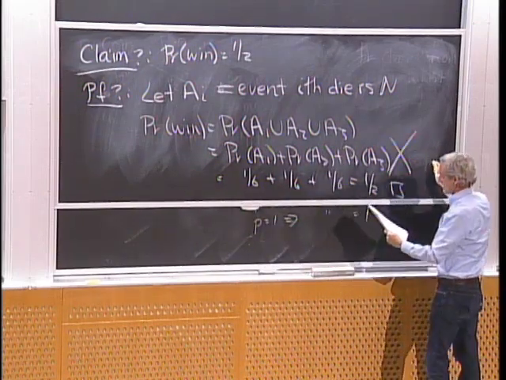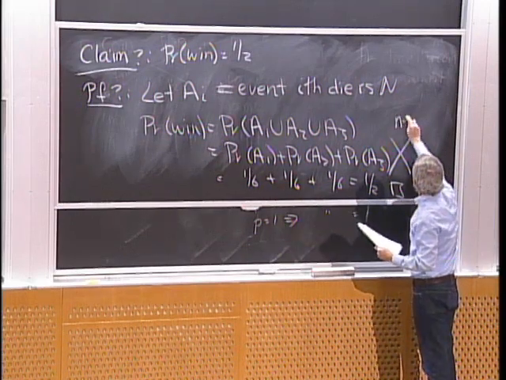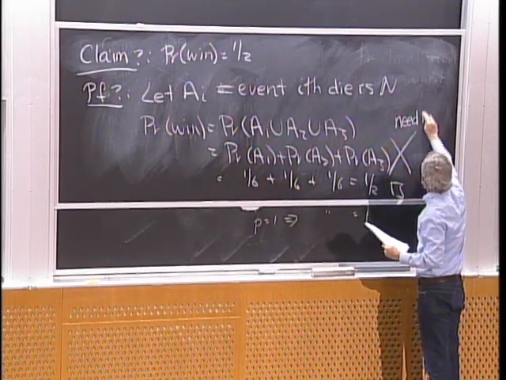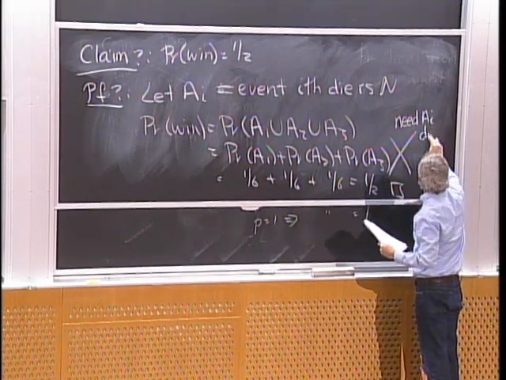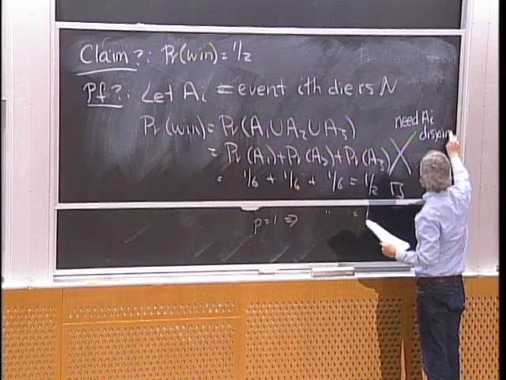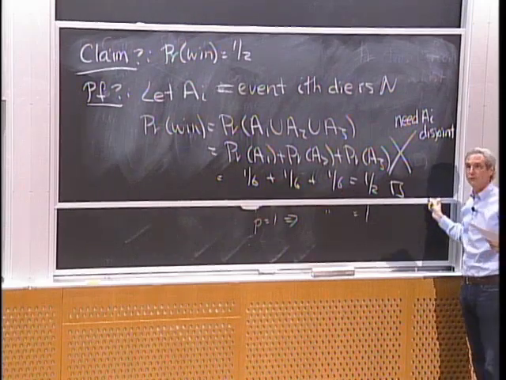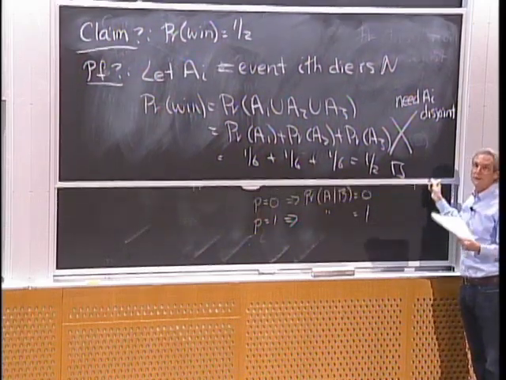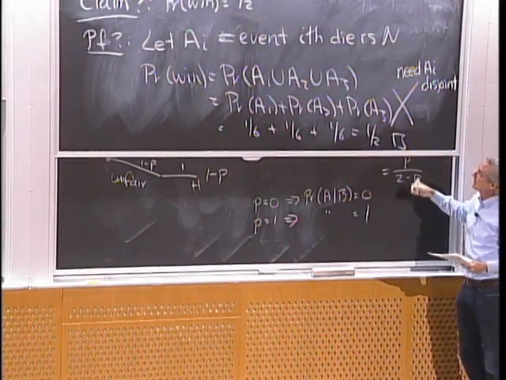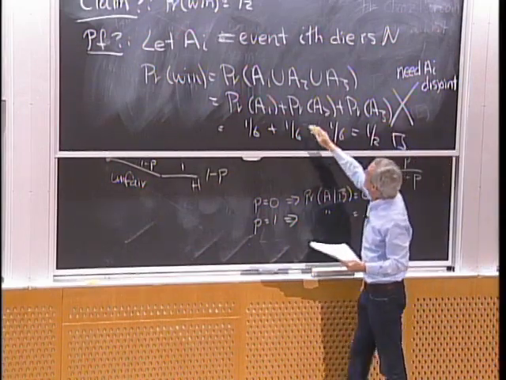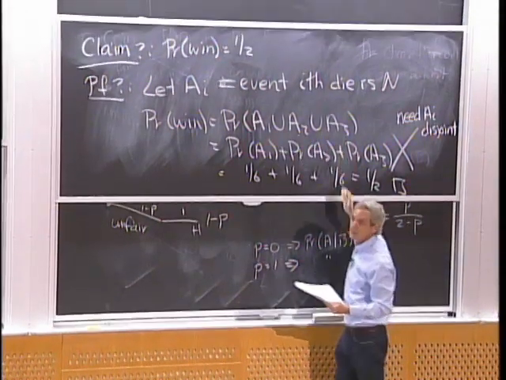I need the Ai to be disjoint for this to be true. The events to be disjoint. And they're not disjoint because there's a sample point where 2 or more of the dice could come up the same, being a winner, which means the same sample point, namely all dice are n, comes up in each of these 3. So they're not disjoint.